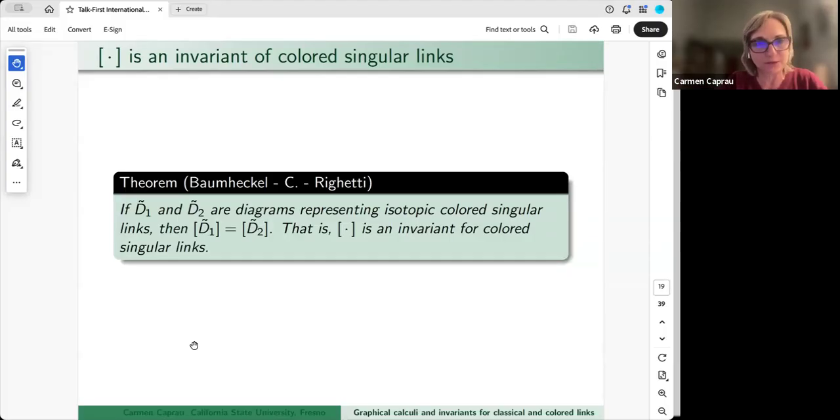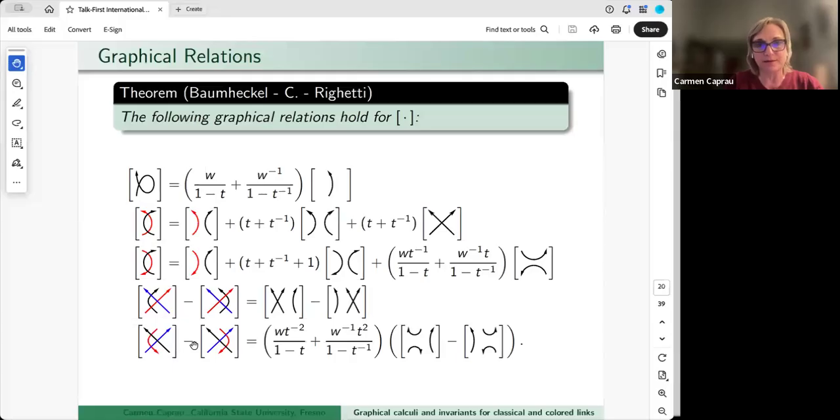You don't need to check them, so you need to check only the extra moves. So that wasn't too bad to do. And actually extending invariants of classical links to singular links is straightforward in general if you use the standard Vassiliev construction. But our scope was deeper than that.